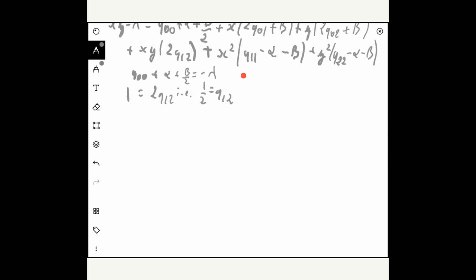We have q01 equal to minus beta over 2, because we have 2q01 plus beta equals 0. Same for q02, minus beta over 2.